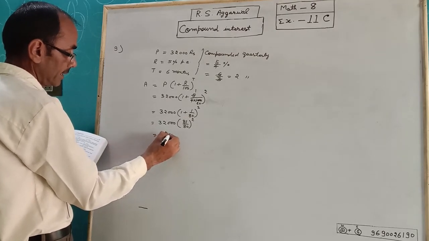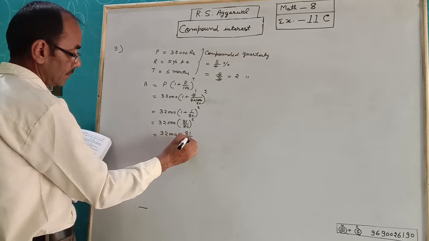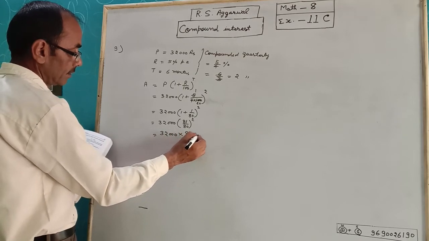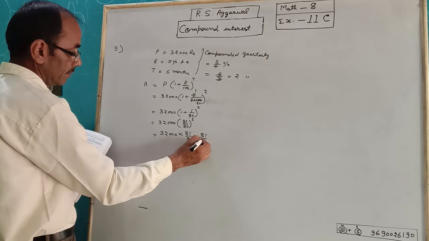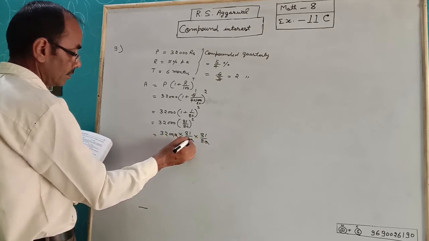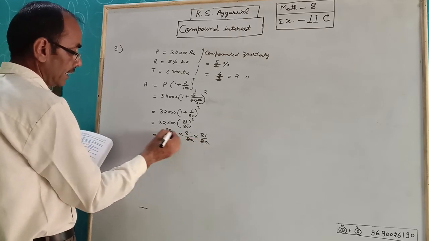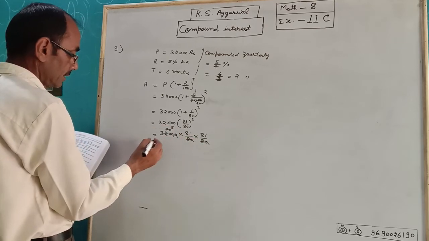Write the expanded form: 81 upon 80 into 81 upon 80. 20 by 20. 8 4 ja and 8 5 ja.